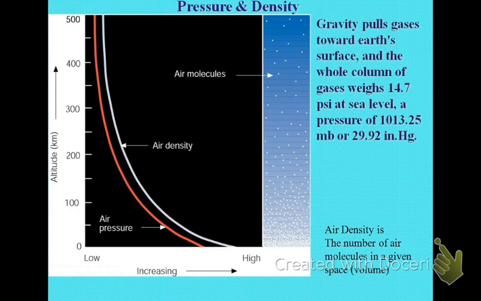That's considered a lot. Now think of what would be the opposite of that. Where could you stand in the United States where you wouldn't have that much pressure on you? A mountain, yeah. The higher you go up in elevation or altitude, altitude and elevation mean the same thing.